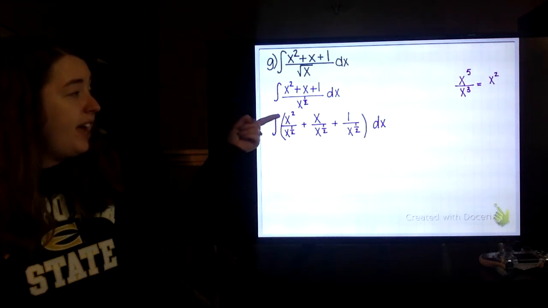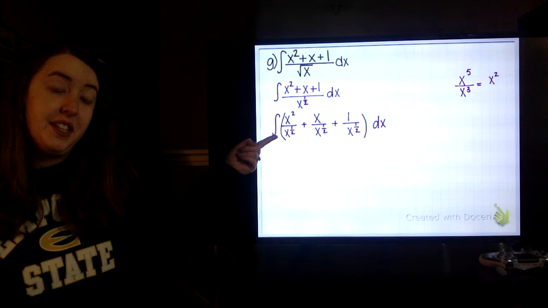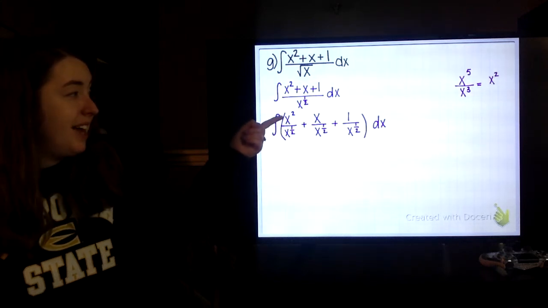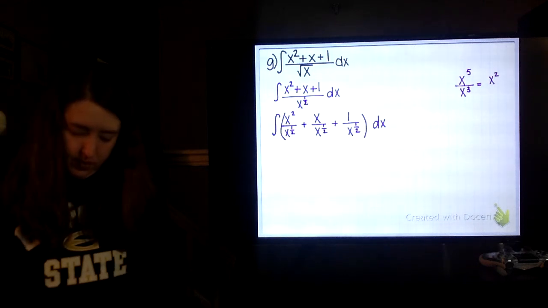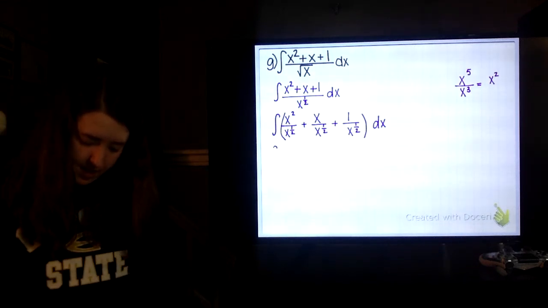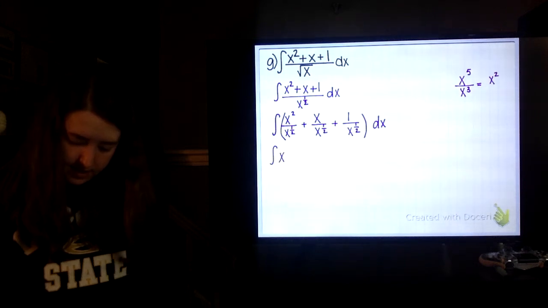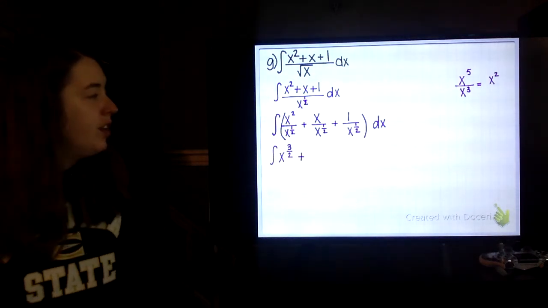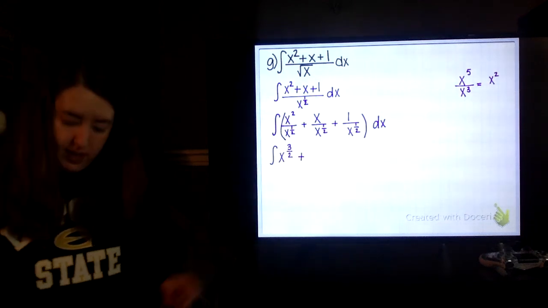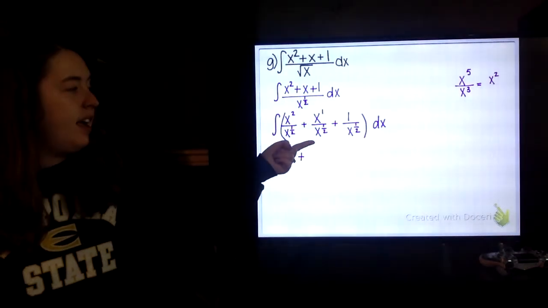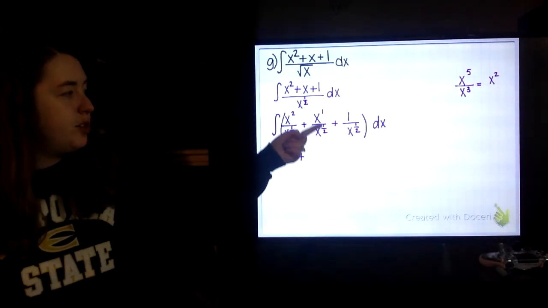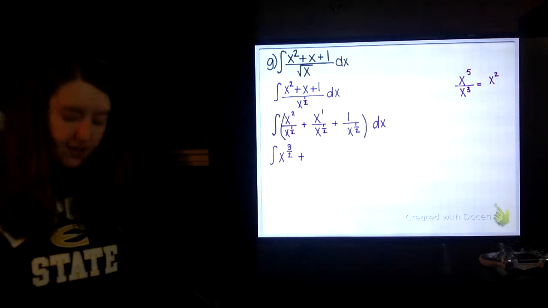So over here, when I have x squared divided by x to the 1/2, that means I'm going to have to take 2 minus a half, so that's 3/2. So that's the same thing as x to the 3/2 plus. Over here, since no exponent is there, that's really a 1. So x to the first divided by x to the 1/2, I need to subtract my exponents. 1 minus a half is a half.